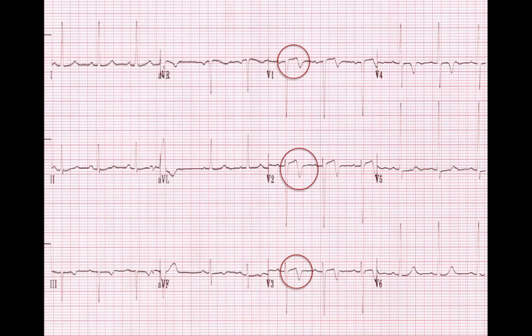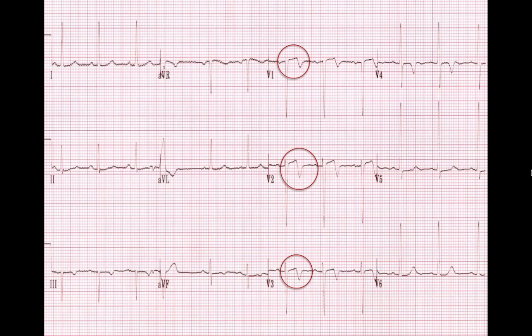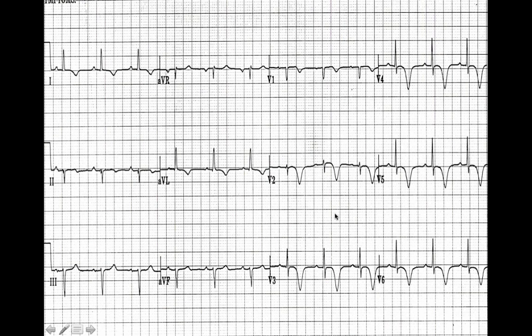This is indicative of your Wellens syndrome. We're going to move from this type A Wellens to a type B Wellens syndrome patient. Now you see that the biphasic T waves have disappeared, and they've now turned into just inverted and symmetrical negatively peaked T waves.